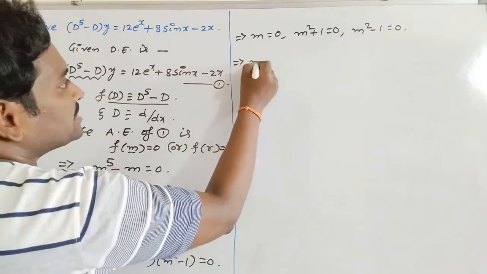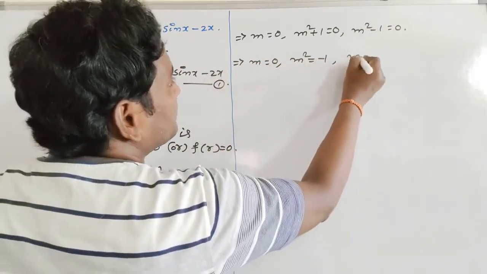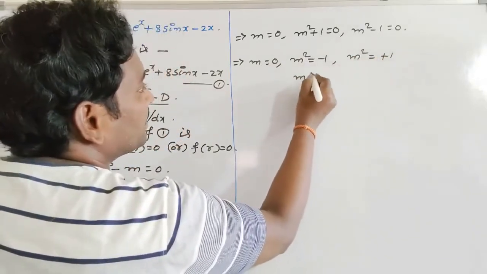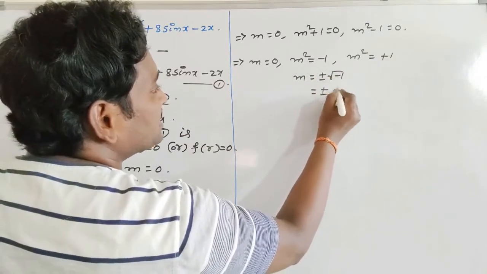So m^2 = -1 and m^2 = +1. So m = plus or minus root of -1, that is plus or minus i.